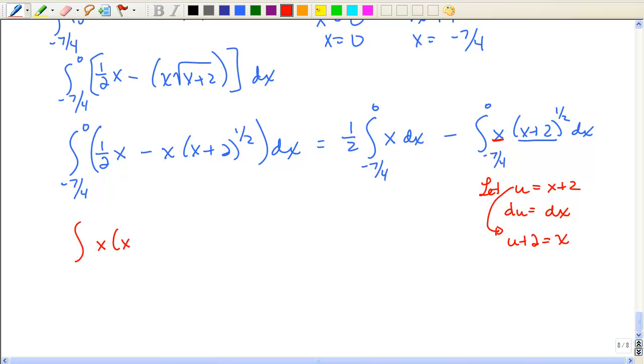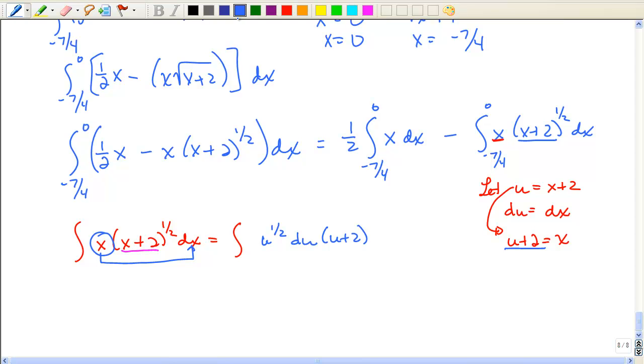If I have x times the square root of x plus 2, and I use u substitution, well, that would be my u, so I would have u to the half, right? But then I've got x dx. Well, dx is du, so I'm okay there. But what is x? X is u plus 2. Now that just looks like I'm going around in circles.